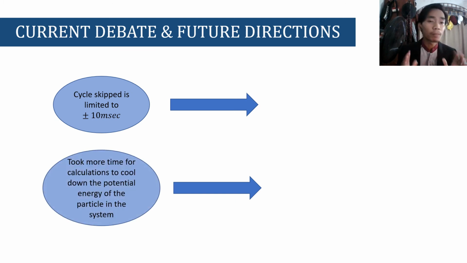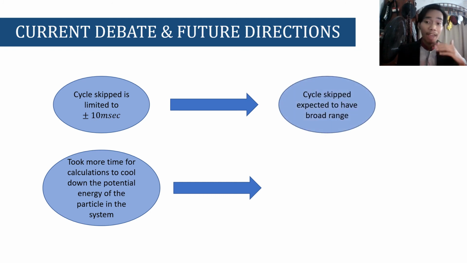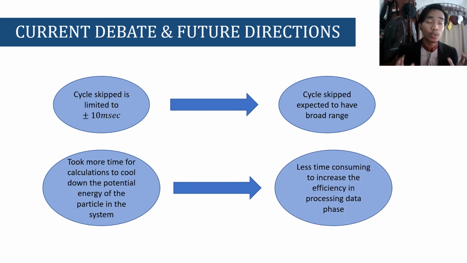And number two, it took more time compared to the conventional methods for calculation to cool down the potential energy of the particle in the system. So in hope, in the future, we can have a better technology that can overcome this debate, that the cycle skip is expected to have a broad range, and it will take less time to increase the efficiency in the data processing phase for any exploration project for geophysics.